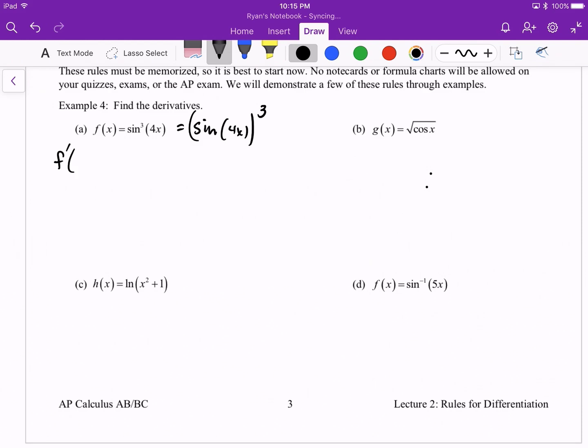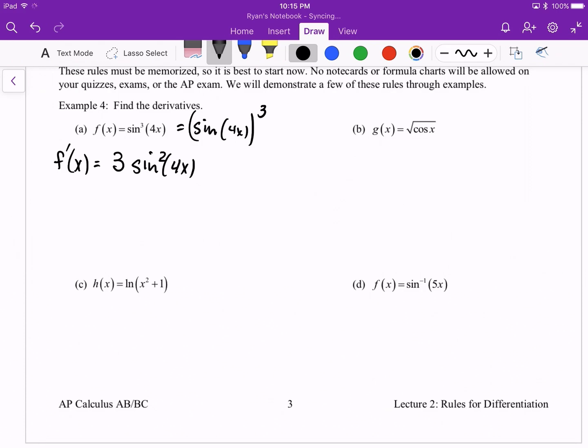Okay, so f prime of x is going to equal, I'm going to bring the 3 into the front. I'm going to rewrite the inside exactly the way that I see it. So that's going to be sine of 4x, and then that's going to be raised to the 2nd power. So I'm going to put the 2 right there. And sorry about these stray marks that keep popping up because of my wrist. Then I'm going to multiply times the derivative of sine of 4x.